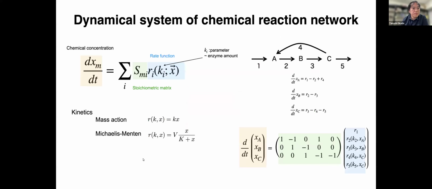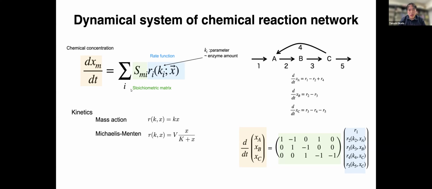Most of you are familiar with the basics of chemical reaction networks, but to introduce some notation, I quickly review the dynamical system of a chemical reaction network on this slide.